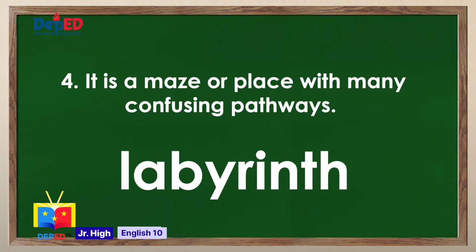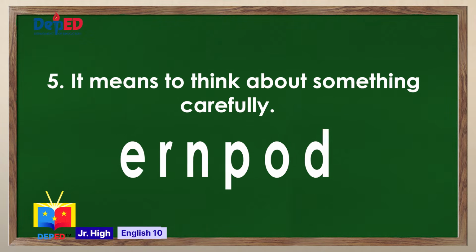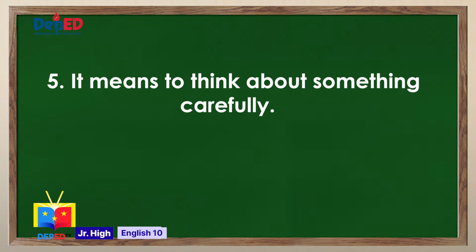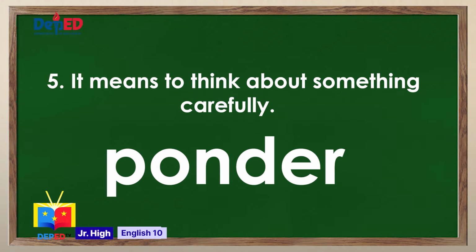And number 5, it means to think about something carefully. Very good. The answer is ponder. Example: Julia and her friends ponder how to surprise Melvin on his birthday.